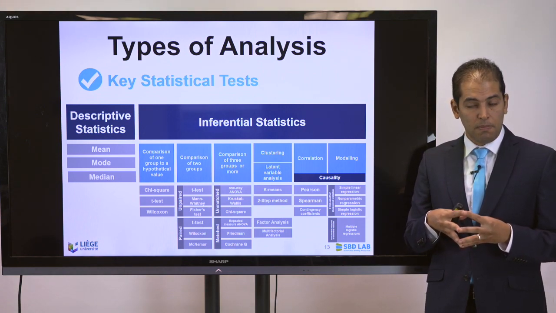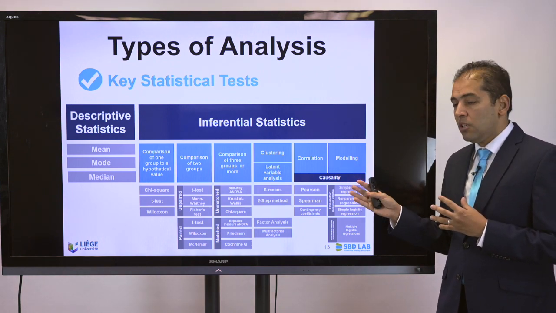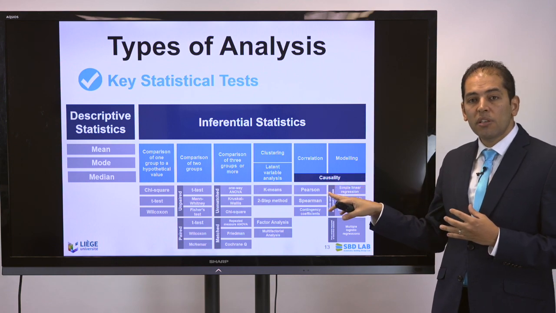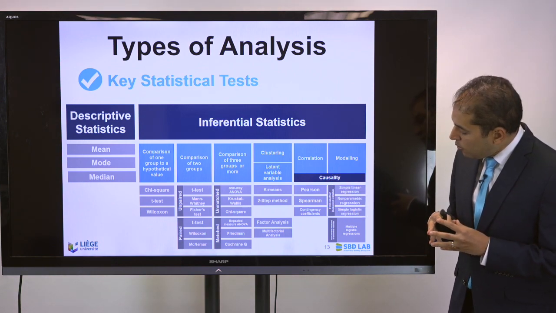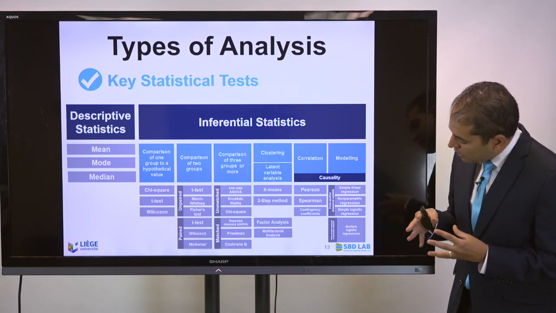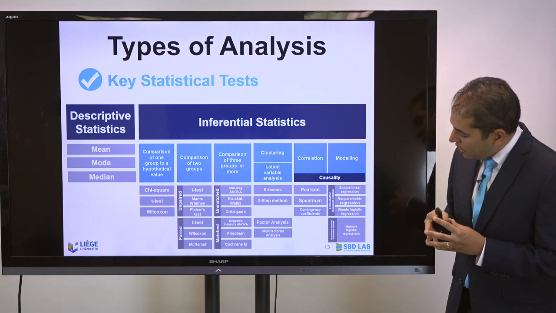coefficients tests. And finally, when we move to the modeling, here we are with the correlation and the modeling, we are able to investigate the correlation. We move from another measured variable to several measured or binomial variables.